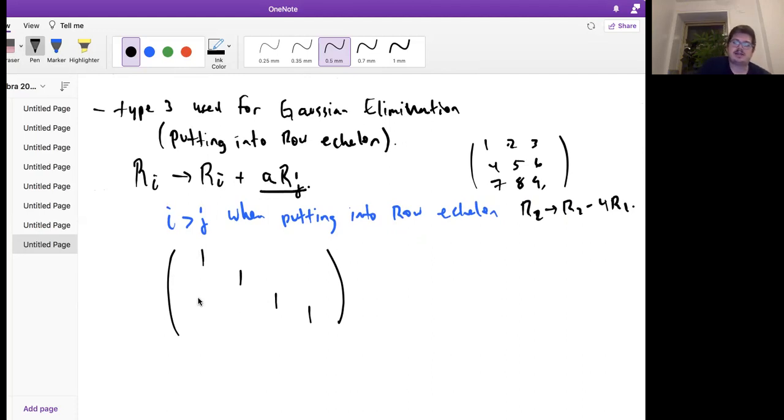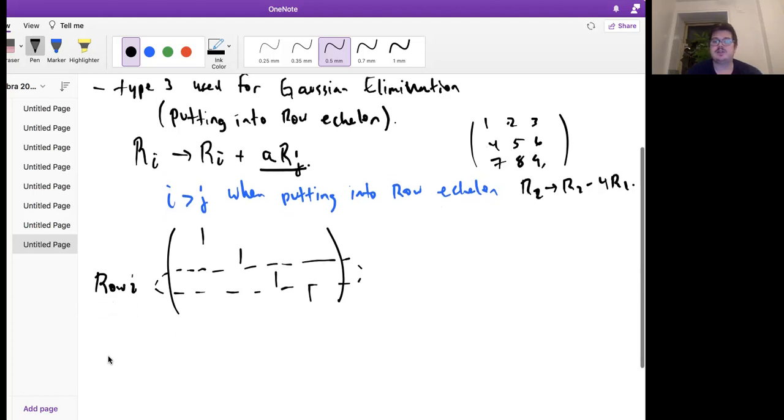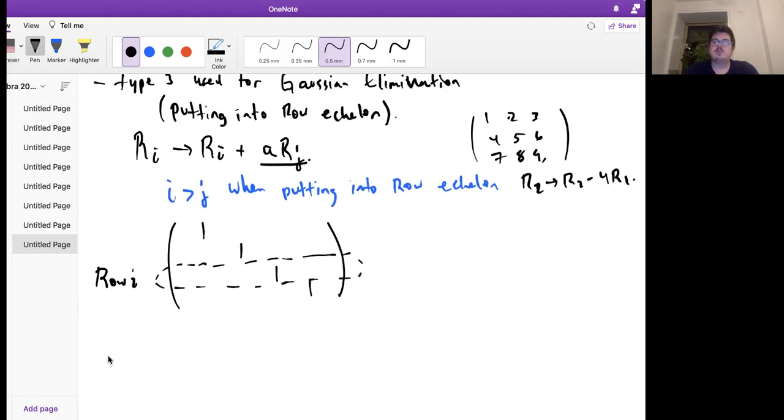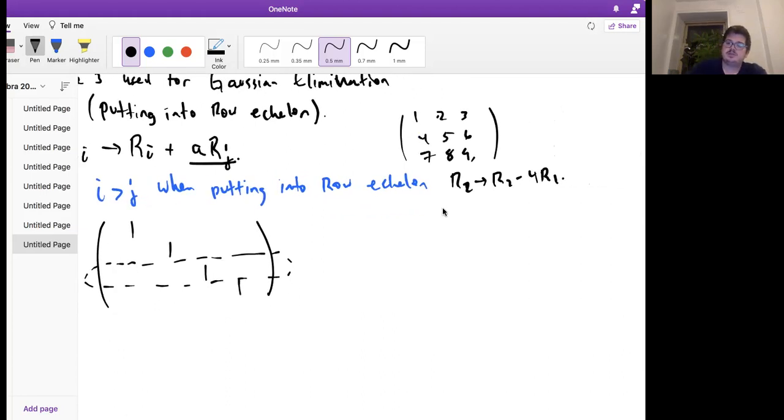So here's row I here. In your elementary matrix, let's remember what type 3 matrices look like. Where does the A go? So for example, what's the row operation that does row 2 minus 4 row 1?